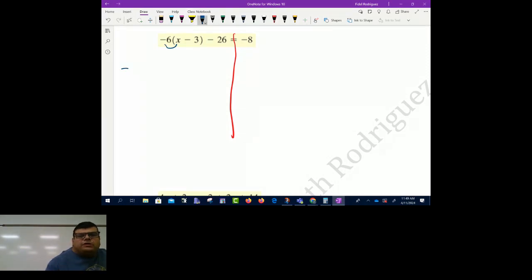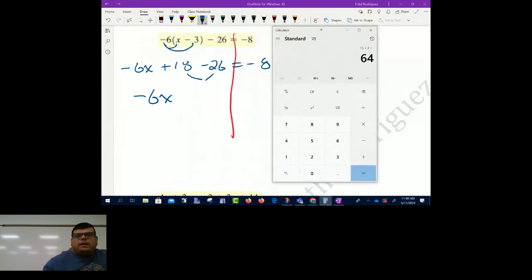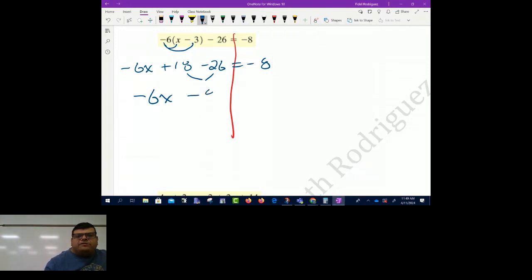Okay, so look, y'all, negative 6x. Minus and minus is going to become a plus 18. Minus 26 equals negative 8. So here, negative 6x, let's see, 18 minus 26, negative 8, yeah, minus 8 equals another minus 8.